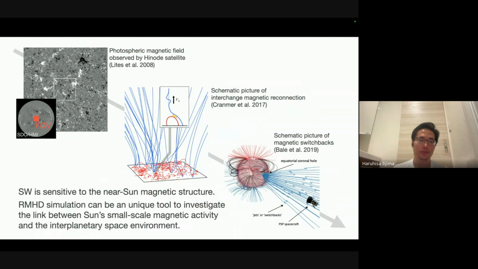So the solar wind seems to be more sensitive to the near-Sun magnetic structure than we expected. And we think the radiative MHD simulations can be used as a unique tool to investigate the physical link between the Sun's small-scale magnetic activity and the interplanetary space environment.